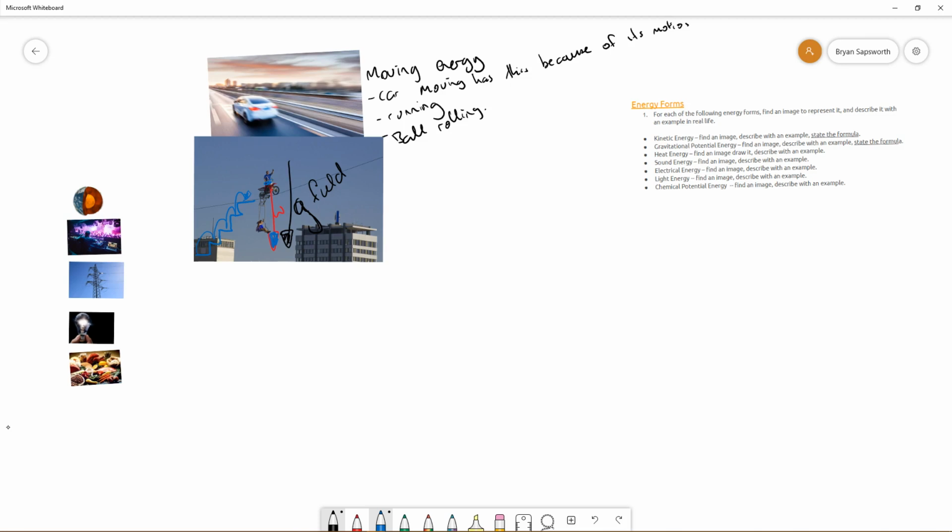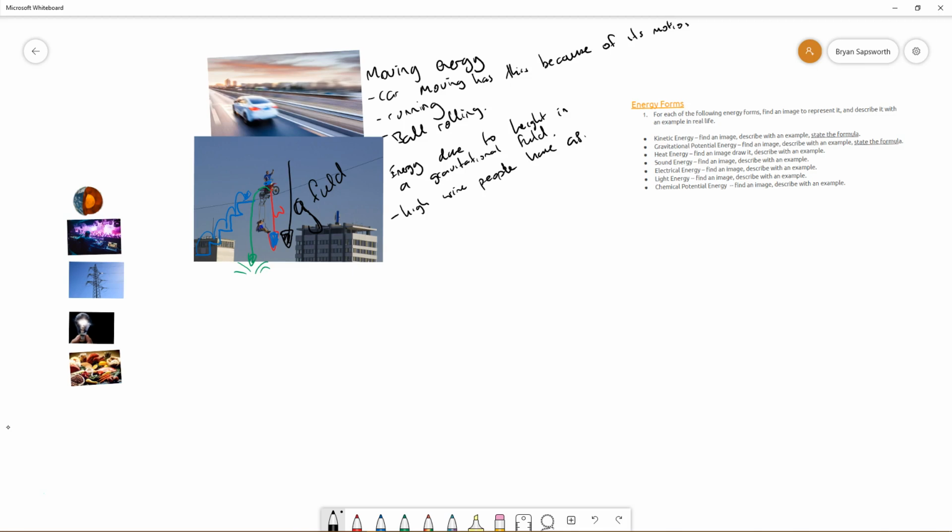And if these guys fell, then they would get faster and faster and then make a splat. So what is it? Energy due to height in a gravitational field. For example, here we have high wire people.